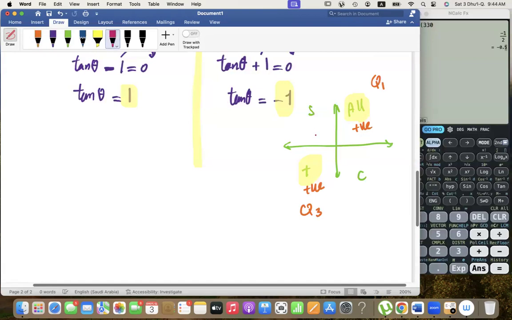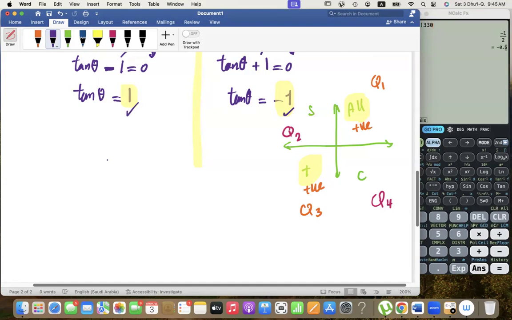And it's negative in quadrant 2 and quadrant 4. Okay, since I have the two answers, 1 and negative 1, the positive and negative, this means I need the solution in all 4 quadrants. In quadrant 1, quadrant 2, quadrant 3, quadrant 4.